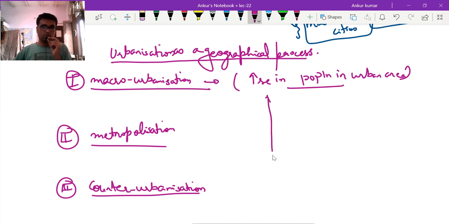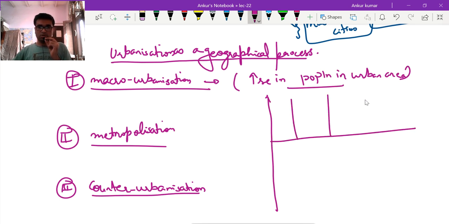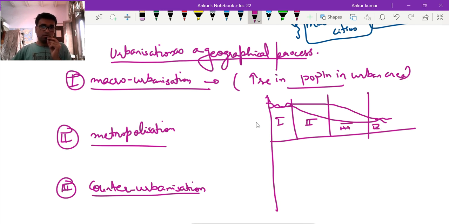For example, in the demographic transition model, what we said was that during the first phase, the mortality rate and the fertility rate were almost similar but very high. Gradually, the mortality rate first declined and then the fertility rate declined. So the macro urbanization can be explained on the basis of the phases of the demographic transition.